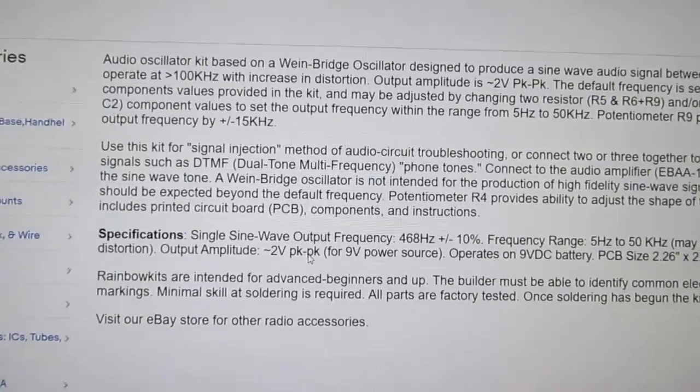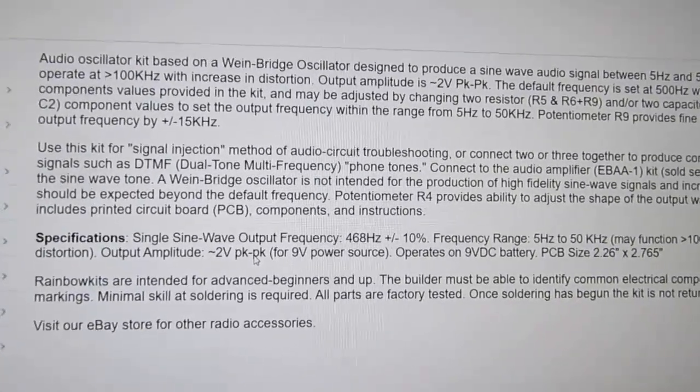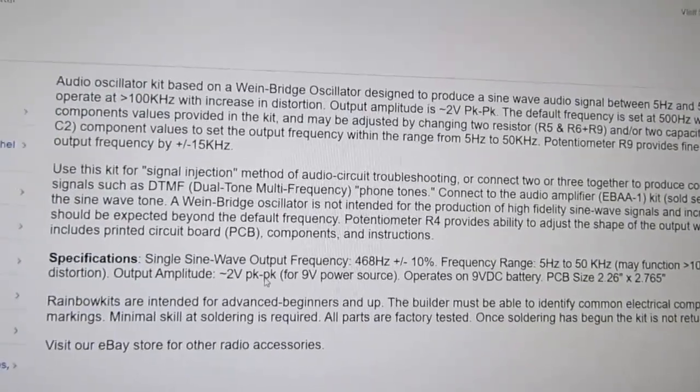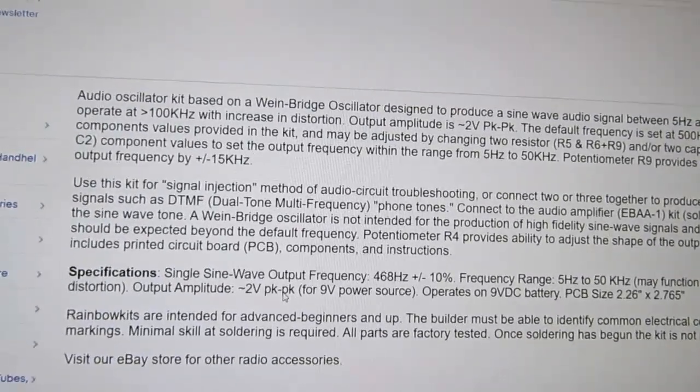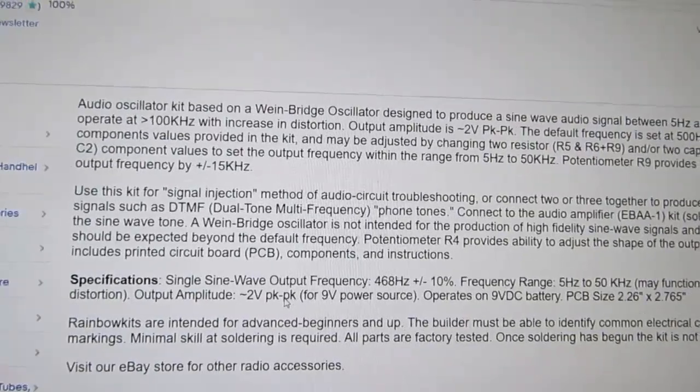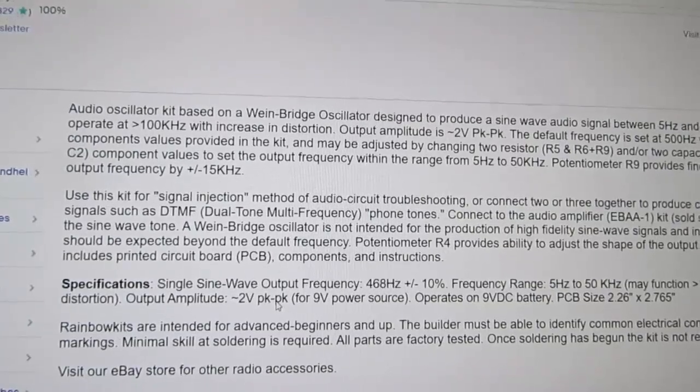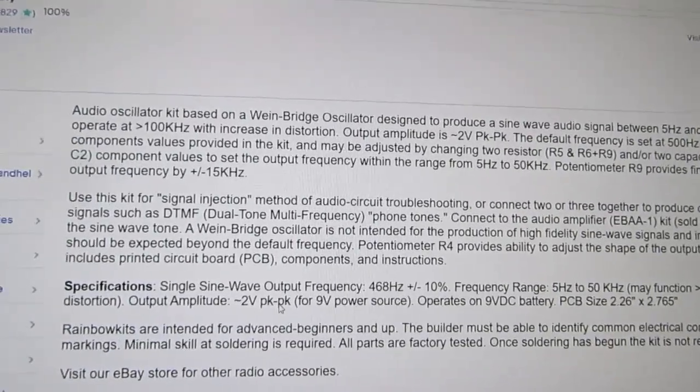What they say here: audio oscillator, blah blah blah, produces sine wave between 5 Hz and 50 kHz. May operate over 100 kHz with increase in distortion. Output amplitude is approximately 2 volts peak to peak, which isn't correct either.